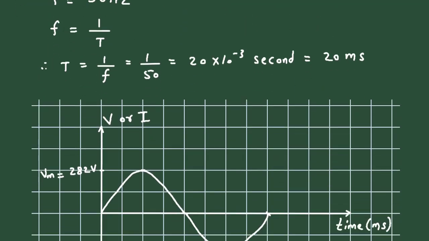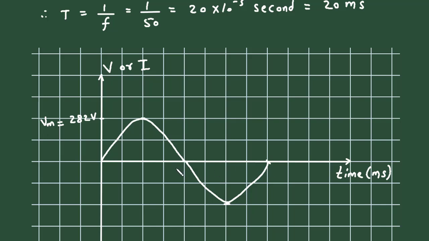Its time period will be 20 millisecond. So let's say this is 10 millisecond and here this will be 20 millisecond. So this is the total time period T. This is the waveform for voltage. We can write V is equal to 282 sin omega t.